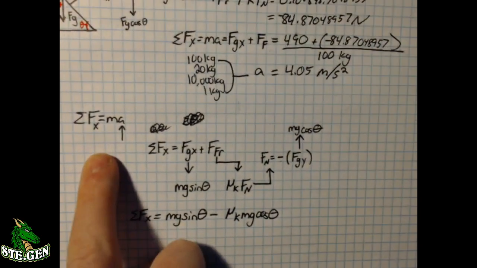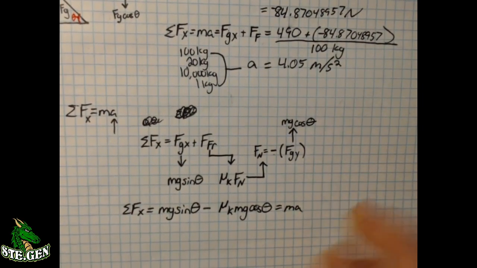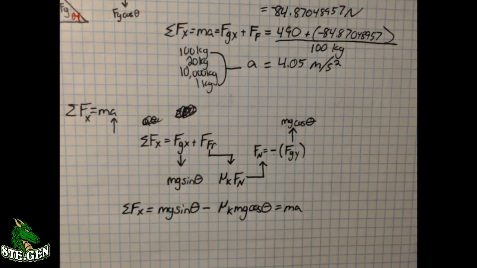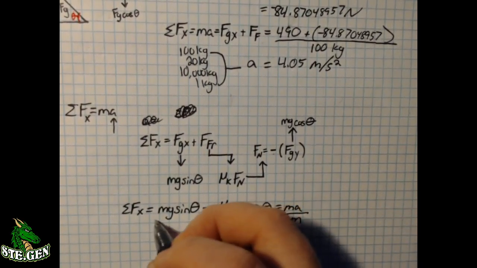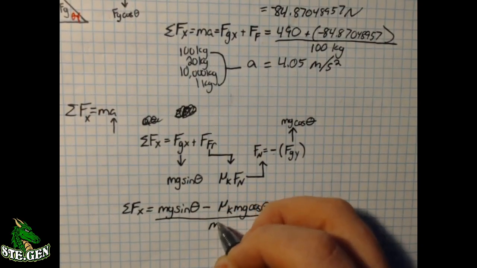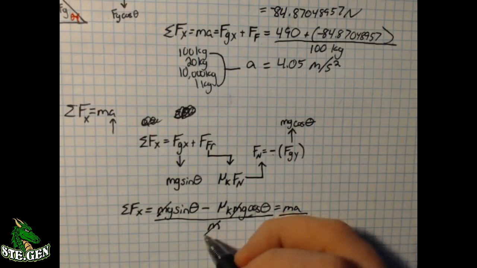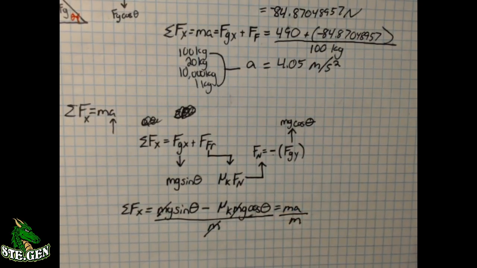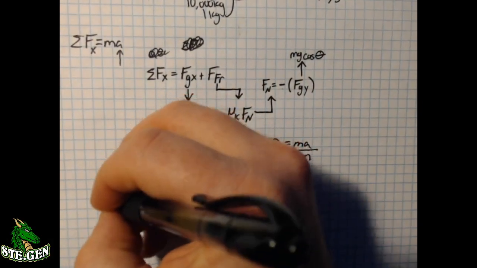And we set up here that the sum of these forces is equal to mass times acceleration. If you notice, when we get acceleration by itself, mass is on both of those variables and on the bottom. So we can actually cancel them out.